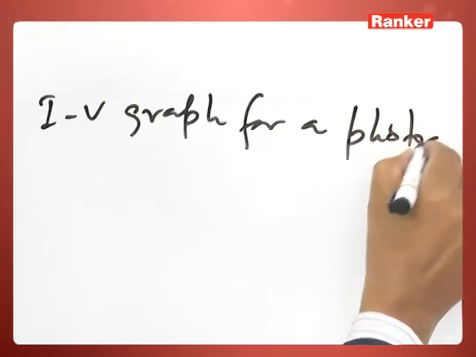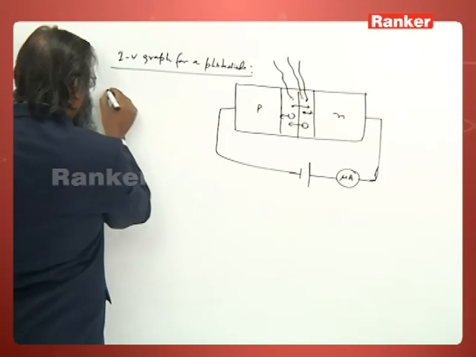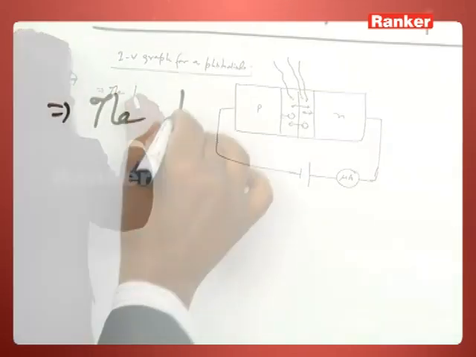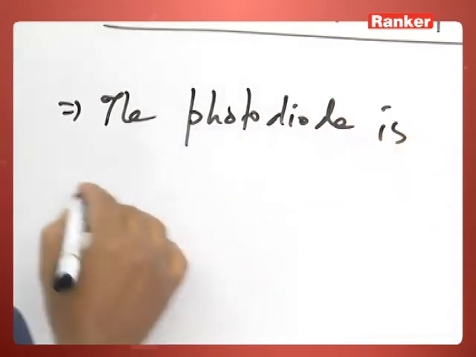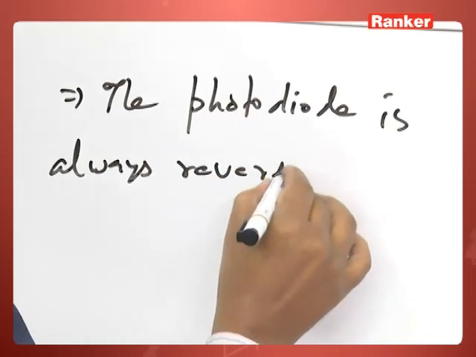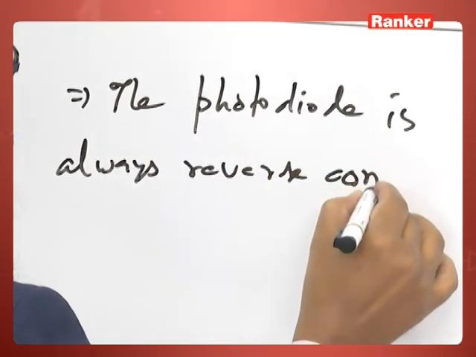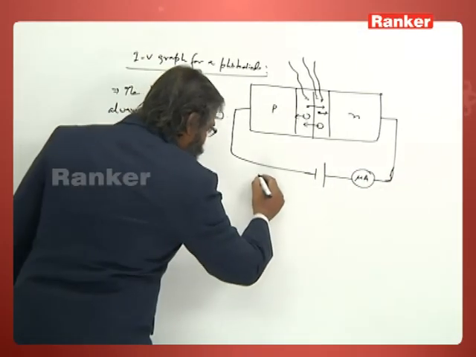And the characteristics of a photodiode, let us see the IV graph for a photodiode. This is very, very important. Number 1 point, let us write: the photodiode is always reverse connected. Its graph is like this.